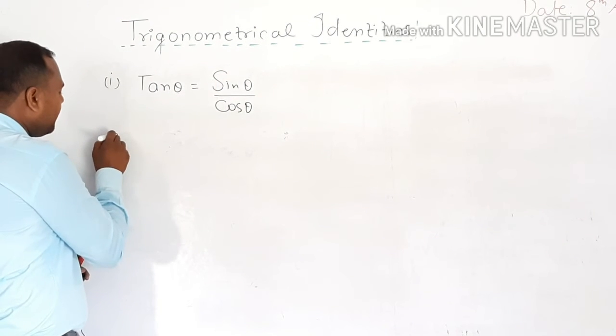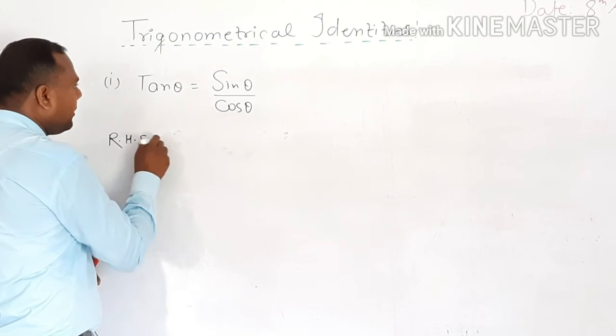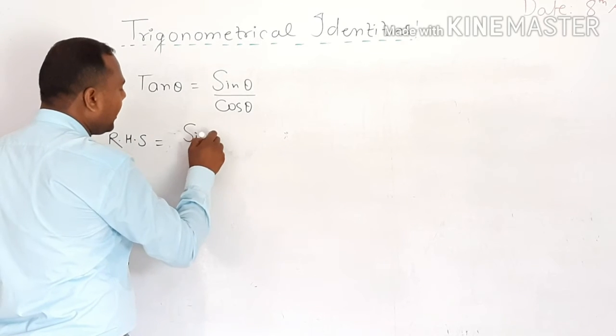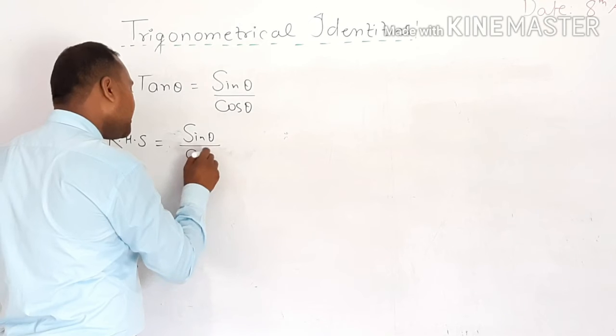So RHS will be equal to sin of theta upon cos of theta.